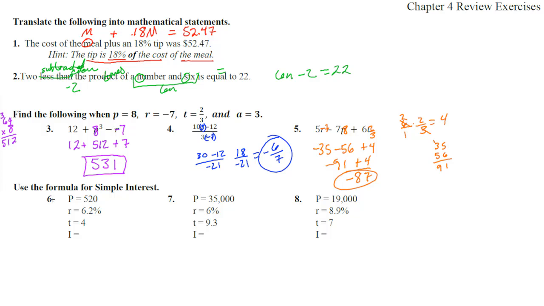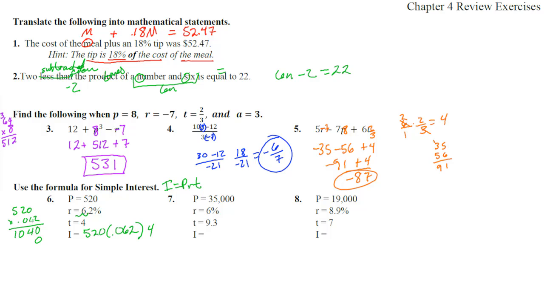Okay, number 6. Formula for simple interest. That is I equals PRT. So here we have P, that's 520, times the rate, turn it into a decimal, so that's 0.062 times 4. Okay, so let's try it. 520 times 0.062. 2 times 0 is 0, 2 times 2 is 4, 2 times 5 is 10.